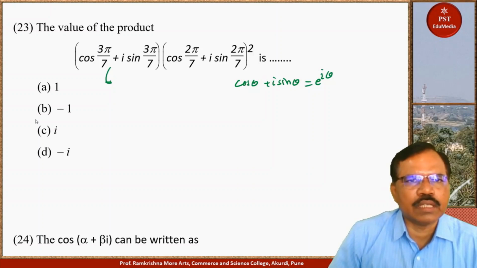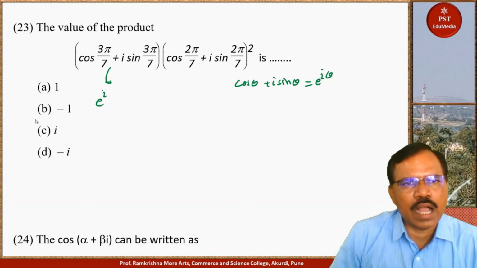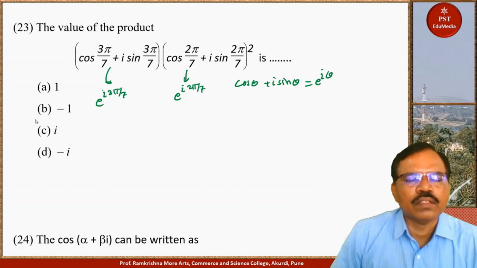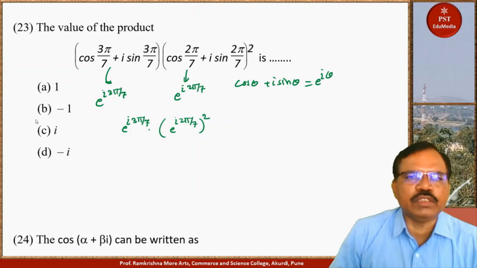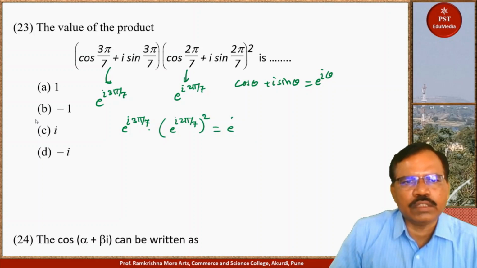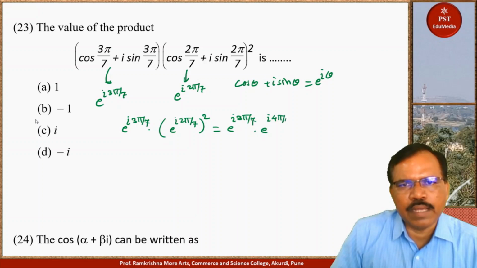So this first term I can write as e raised to i 3 pi by 7, and this second term as e raised to i 2 pi by 7, and square of this. So this is equal to e raised to i 3 pi by 7 into e raised to i 4 pi by 7.